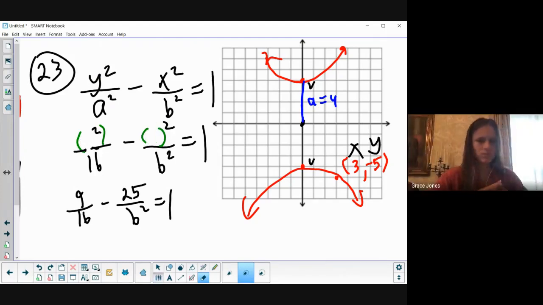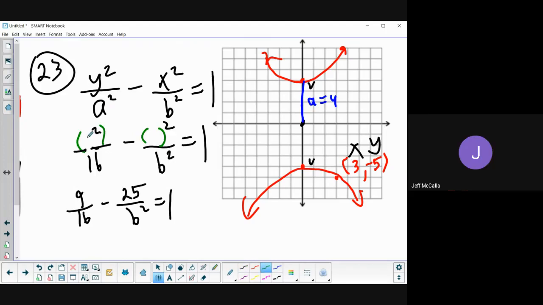Sorry, this is going to be -5 quantity squared. And this is going to be 3 squared. Thank you for correcting me on that. I had the variables right. I just plugged in the wrong x and y in the wrong spot, I guess. So this will be 25 over 16 minus 9 over b squared.